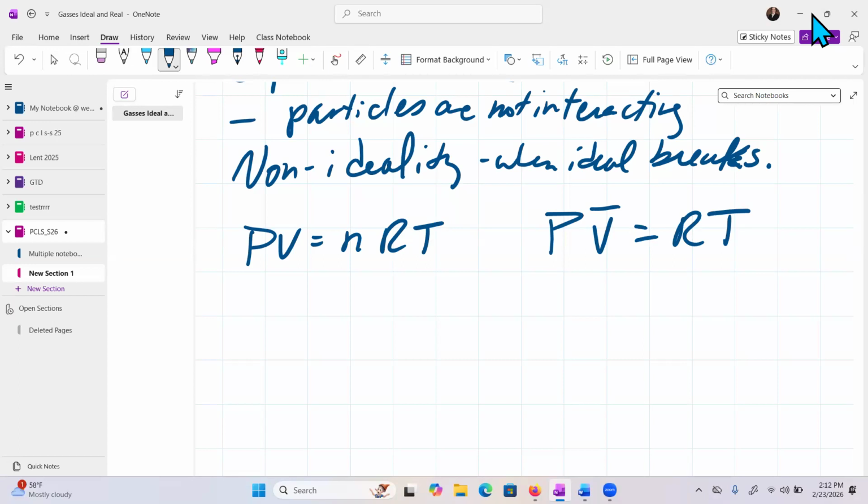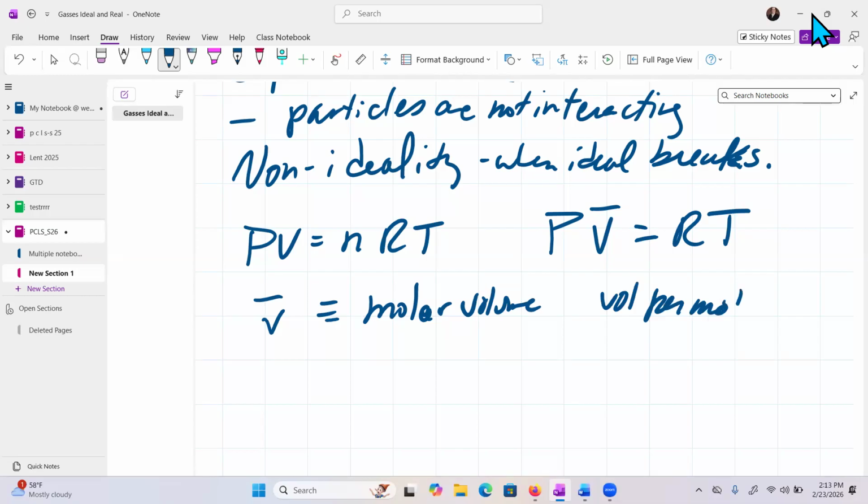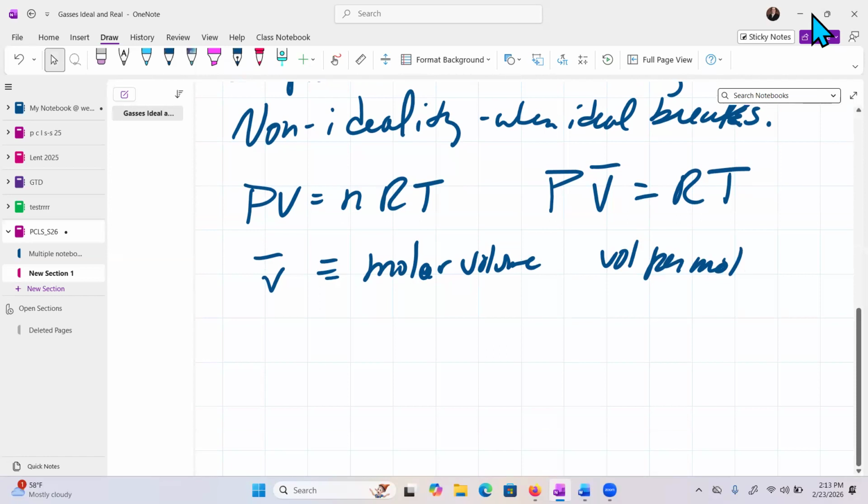So what this is, V bar is defined to be the molar volume. This is the volume per mole. At first glance, you might say, well, who cares about that? Well, the reason why it's important is because of extensive versus intensive properties.